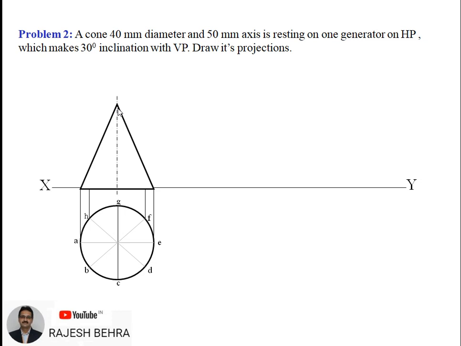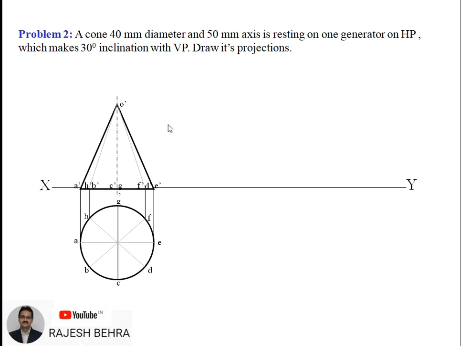So this is the apex. Here these are the generators. There are n number of generators. We are concentrating only on 8 generators right now, since we have divided the circle into 8 equal parts.